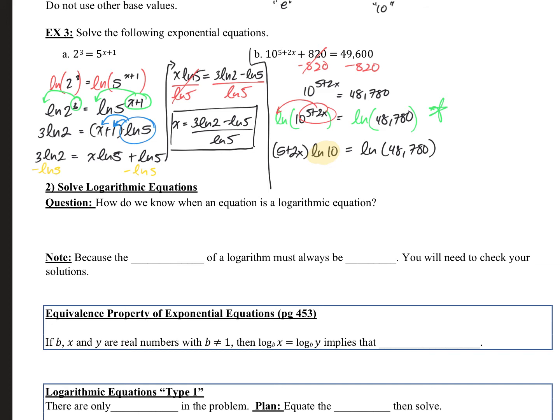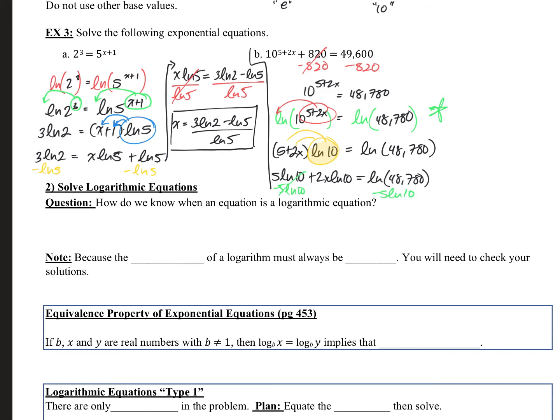Okay, we're trying to solve for x. Let's go ahead and distribute that ln 10 into that binomial. And we get 5 ln 10 plus 2x ln 10 equals ln 48,780. I'm going to go ahead and subtract that 5 ln 10 from both sides.